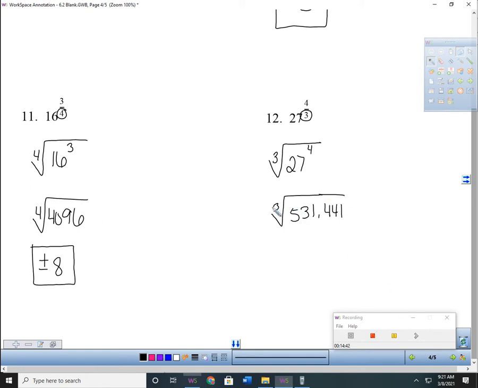So we need to find a number times itself 3 times that will make 531,441. All right, and it's 81. So 81 to the third power gives us the 531,441. And it's just one answer, right, because this is an odd root.